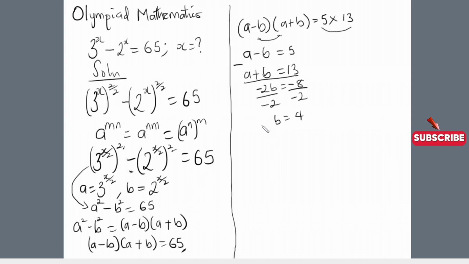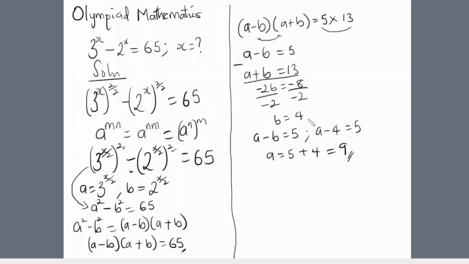And so we've gotten b, and from here we can use substitution to get a. We have a minus b equals 5, and b is 4, so it means that a minus 4 equals 5. And so add 4 to both sides to eliminate 4 from the left-hand side, and then we have a equals 5 plus 4, which is equal to 9.